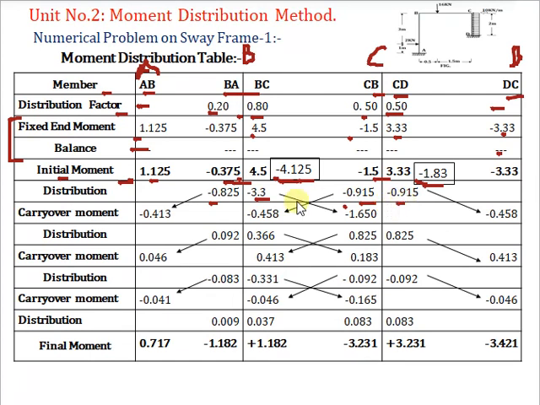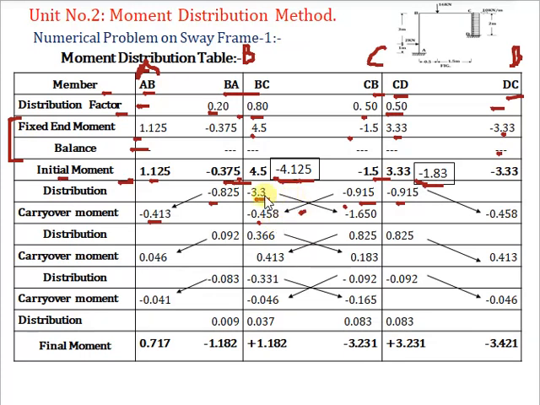Now carry half the moment to the far end. Minus 0.825 divided by 2 becomes minus 0.413. Now carry half the moment from joint C toward the far end B: minus 0.915 divided by 2 becomes minus 0.458.